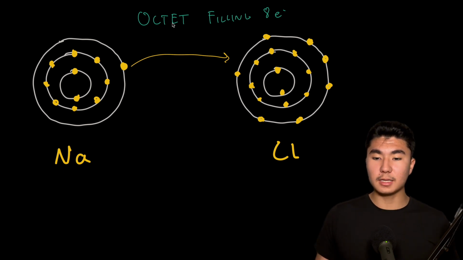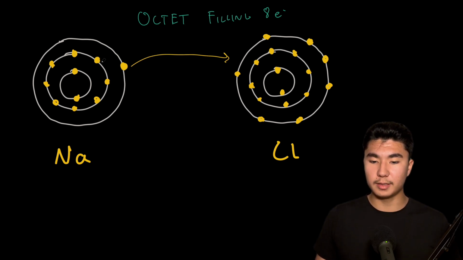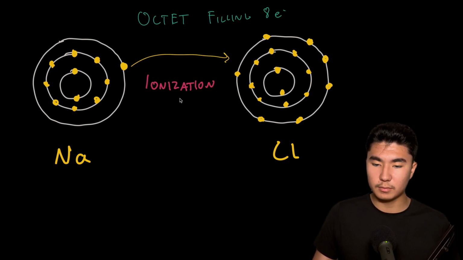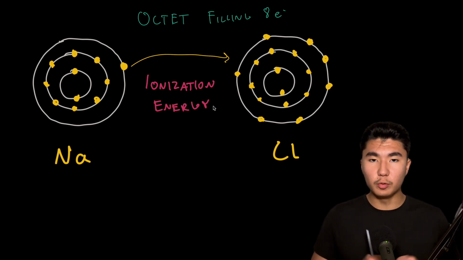Now, in order for this electron to break apart from this valence shell over here, we need something that is known as ionization energy. Ionization energy is the energy required to remove that electron.